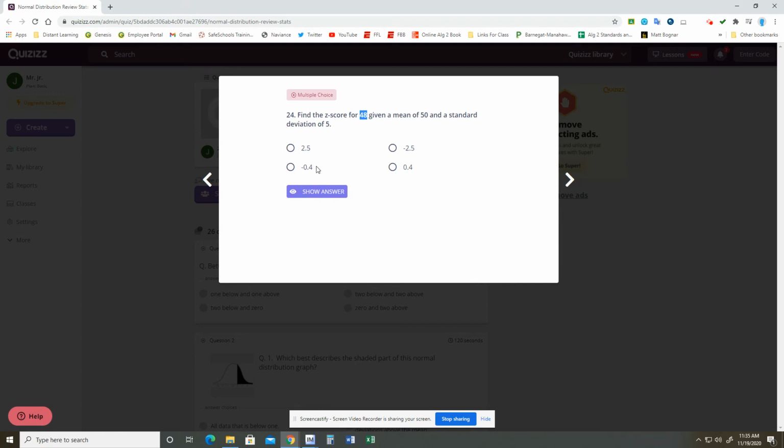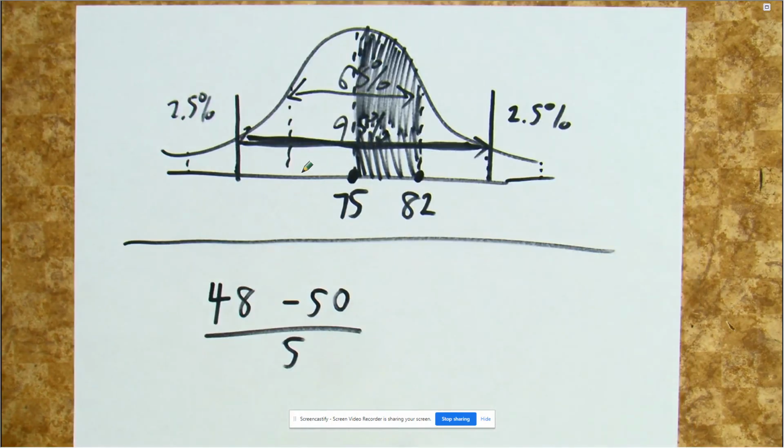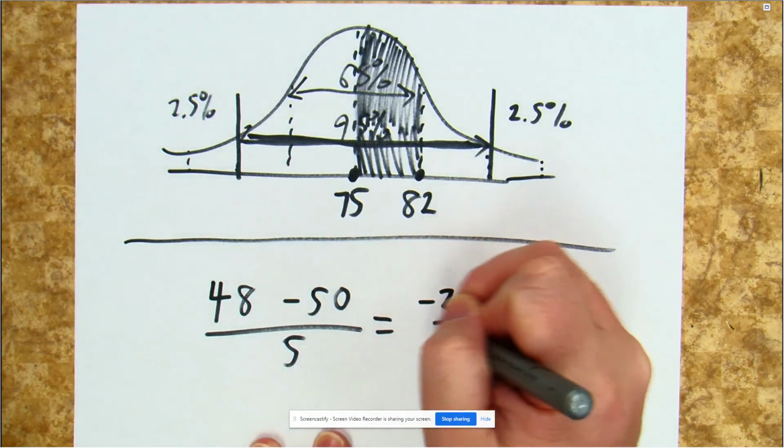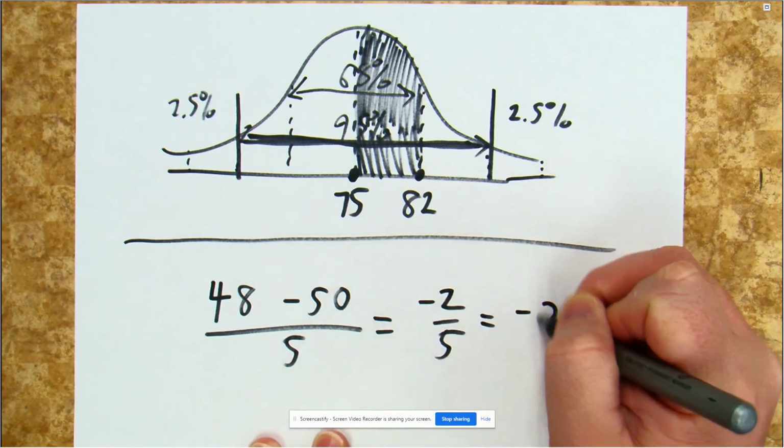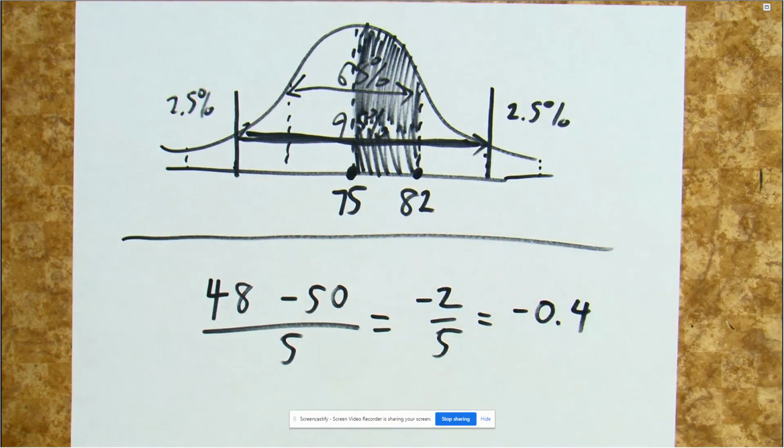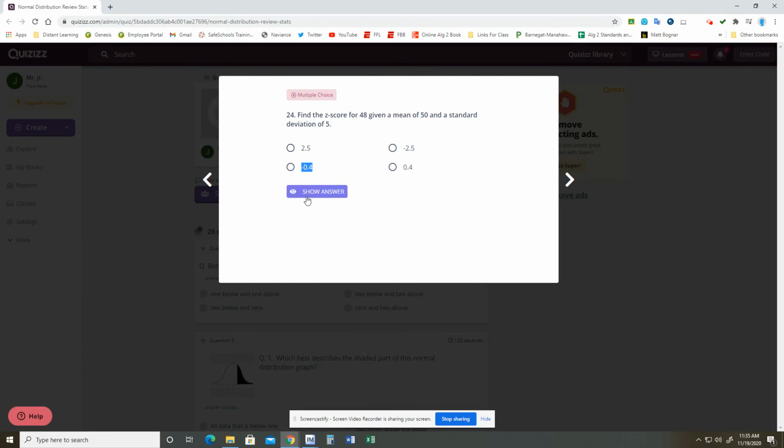Just by process of elimination, the answer should be negative 0.4, but let's see what it actually calculates out to be. If I were to do this calculation, data point minus the mean divided by the standard deviation, as you can see right here, that would be negative 2 over 5, which is negative 0.4. That would be my z-score, which if I click this, there it is.